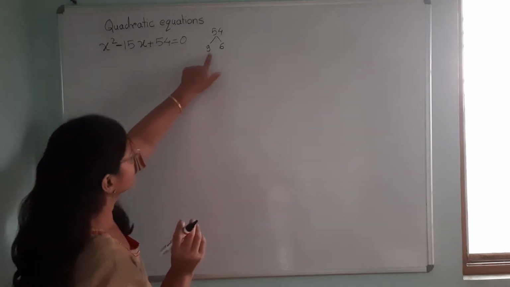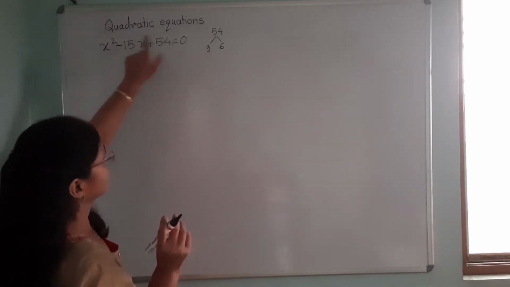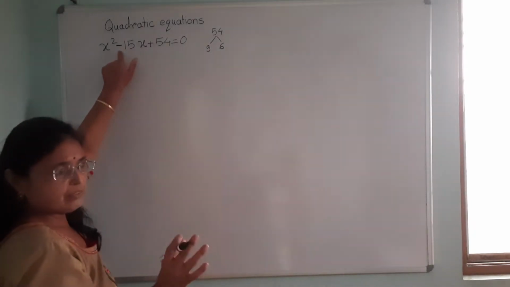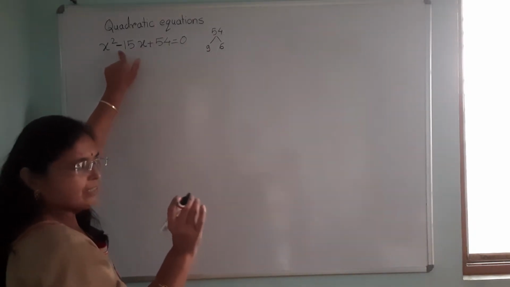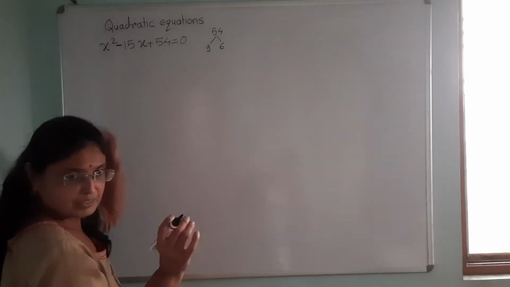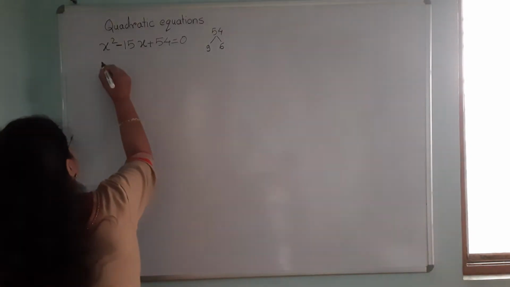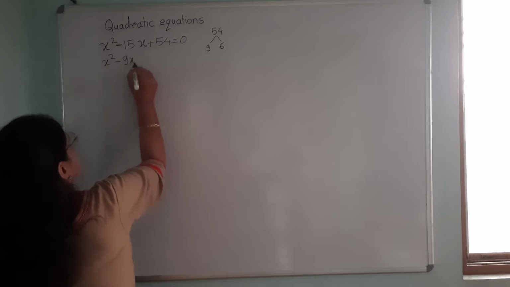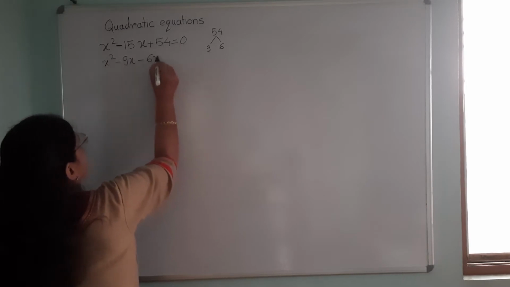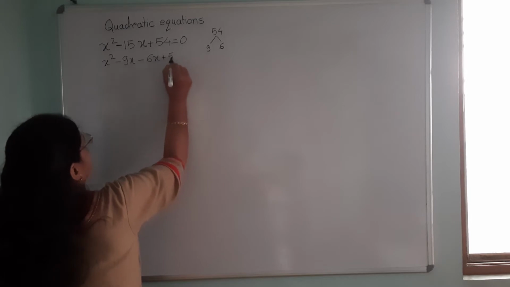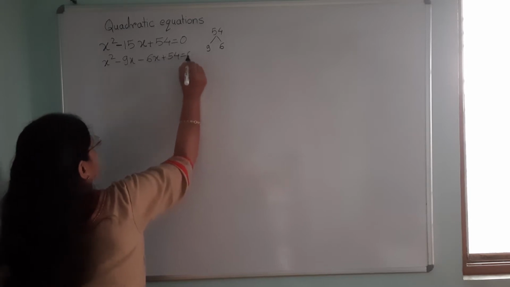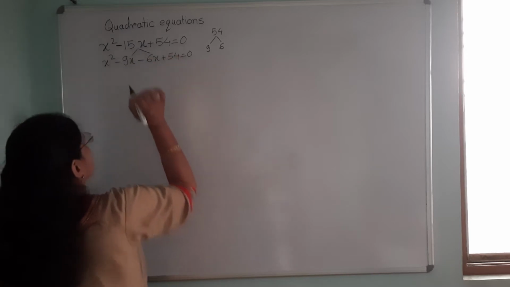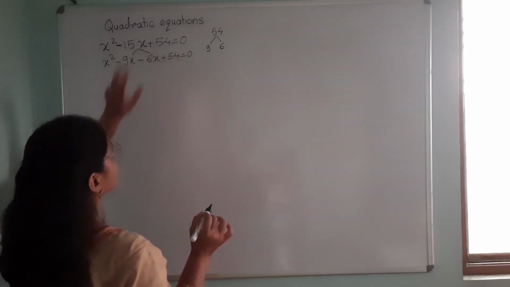So 9 must have the sign minus and 6 also must have the sign minus, so that we can add them and get minus 15 here. So we will write x square minus 9x minus 6x plus 54 equal to 0. Here we have made 2 terms out of the middle term.